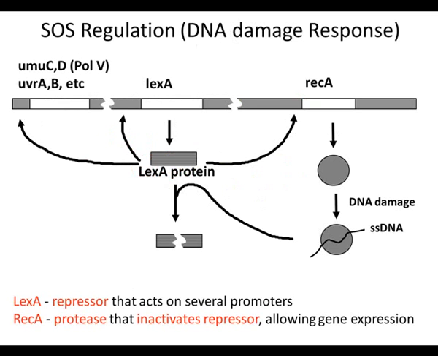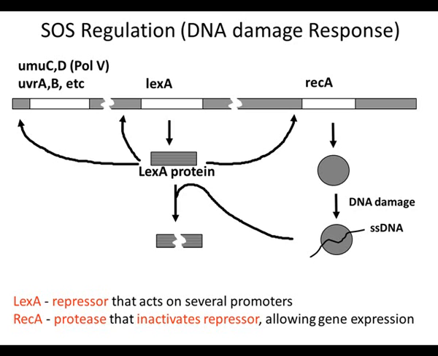Okay, so this system is another regulatory system in bacteria, and it's responsible for most of the induced mutations in bacteria. What happens is this system produces a low amount of a protein, RecA, which we're going to come across again because it's involved in recombination. This protein binds to single-stranded DNA, and that's a trigger that there's something amiss in the cell and that there's DNA damage.